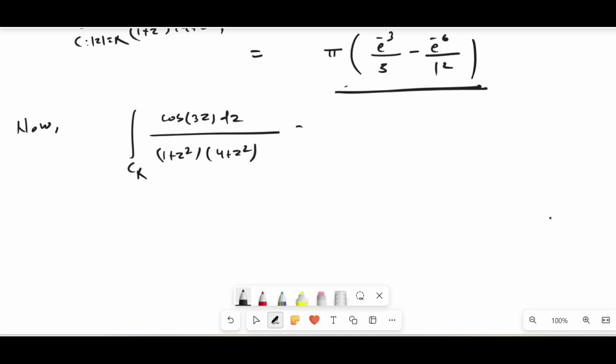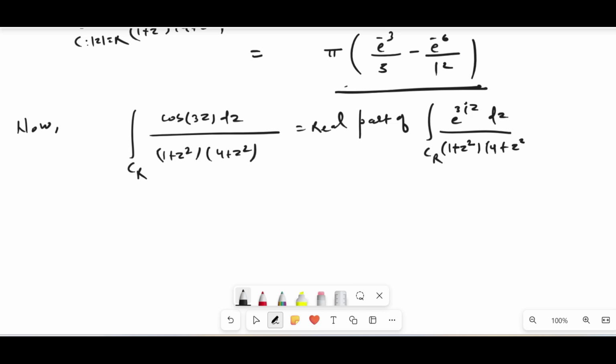So now this can be written as the real part of the integral over the curve C of r, e to the power of 3iz dz over 1 plus z square and 4 plus z square.